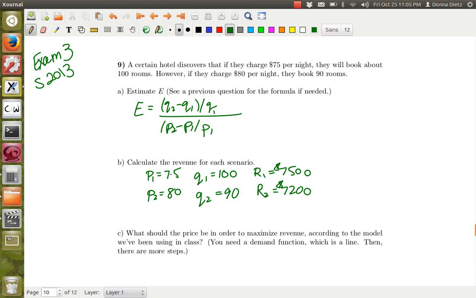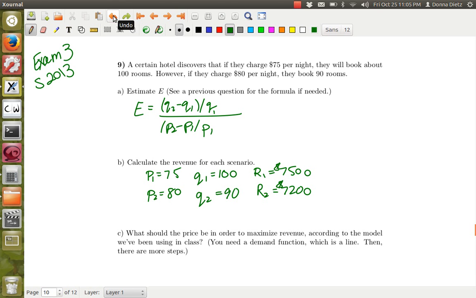Now, if you labeled P1 and Q1 opposite, if you made this Q1 and P1 and the other one Q2 and P2, then the formula would give you a different result. And I would probably be generous, because this kind of implies that this is the original, but it doesn't necessarily, because the problem itself didn't say this happened first and then this happened second.